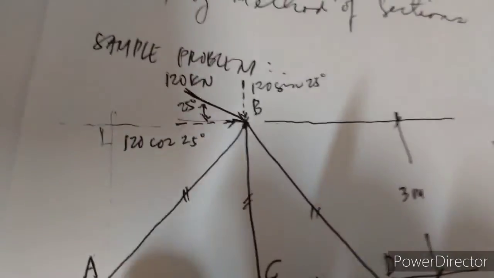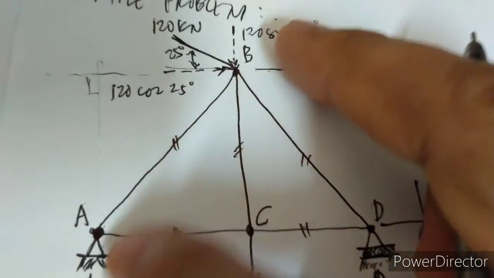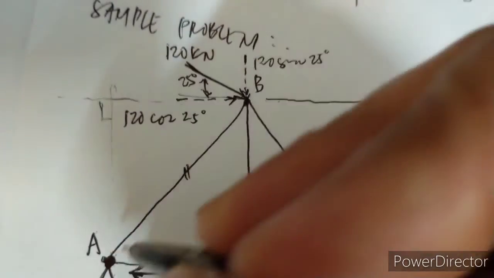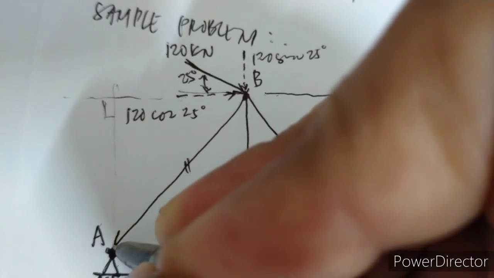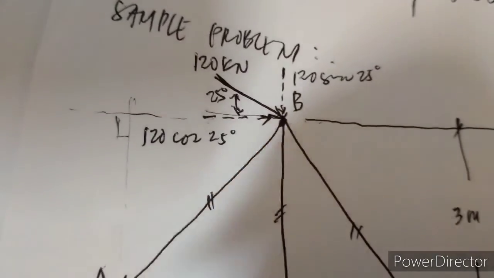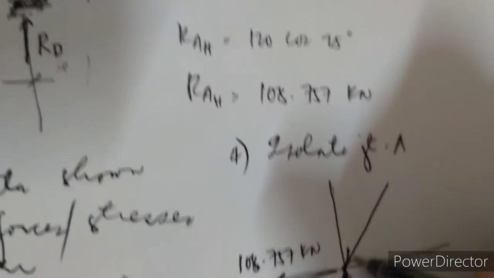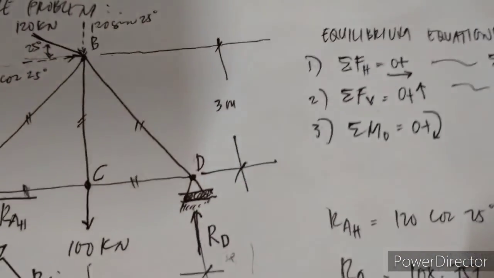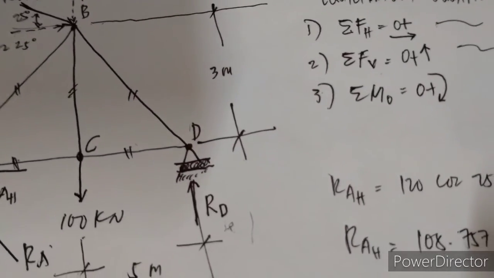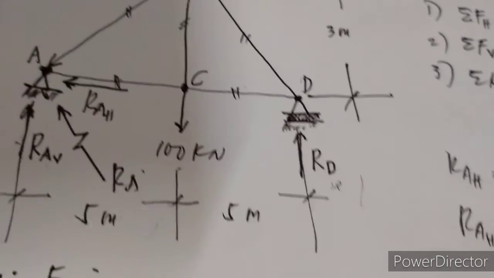If this particular member is in compression, it will be indicated by an arrow going to the joint. So you transpose in the free body diagram the arrow, and you label it AB, for this member AB.